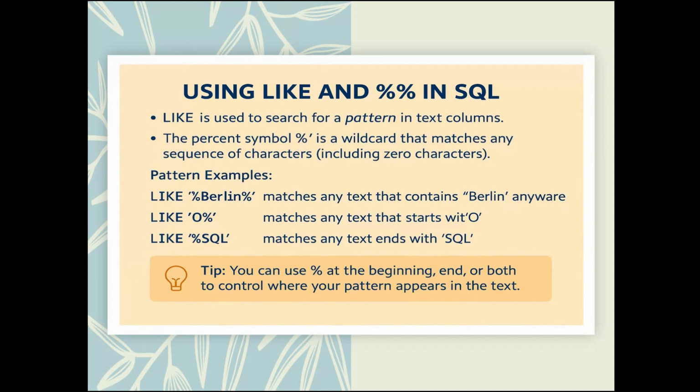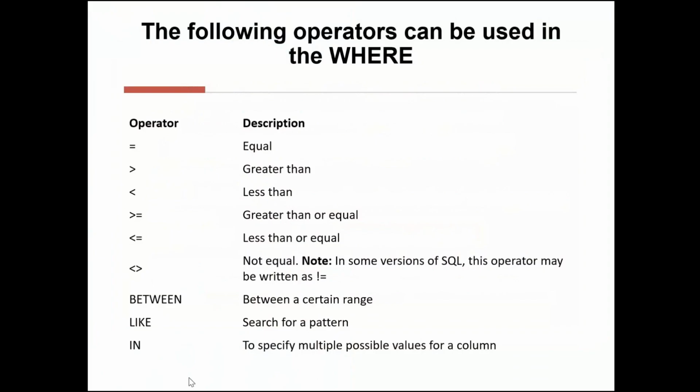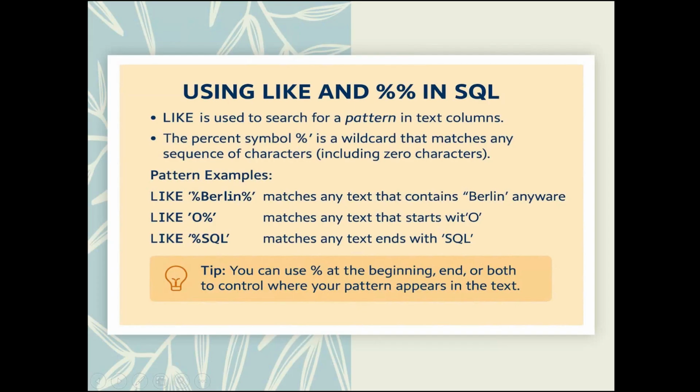I told you I will explain searching for a pattern. Sometimes we don't know exactly how to write something, for example, the name or the name of the city. So we can use the like operator, and we can use it in different ways.